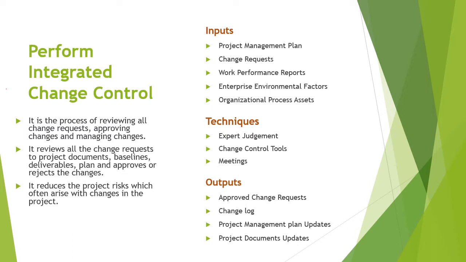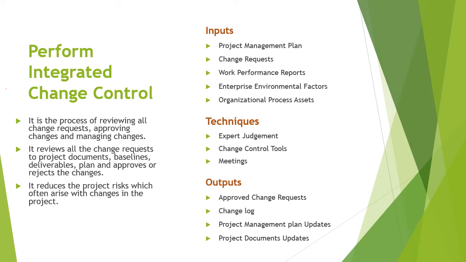For instance, any change in scope needs to be assessed for its impact on quality, risk, time, cost, resources, and customer satisfaction. So the updating of documents and replanning efforts take place in the perform integrated change control process, and the approved changes after this process are then implemented in direct and manage project work, right?